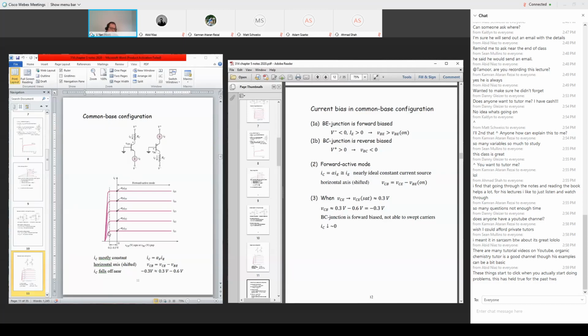Why does the dropping not appear on this side of the diagram, but on the next diagram? The reason is I'm plotting IC versus VCB.